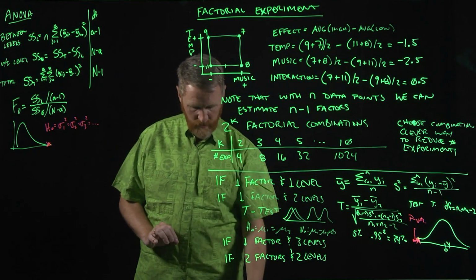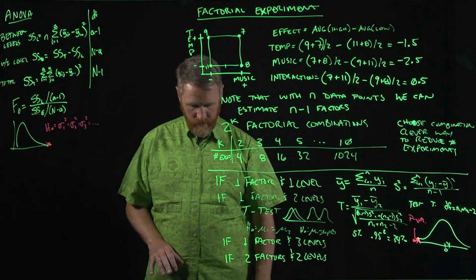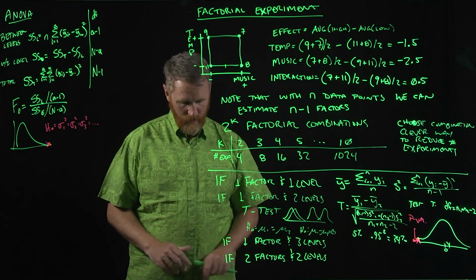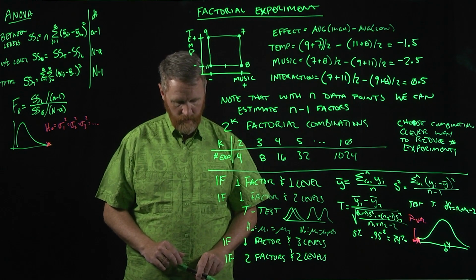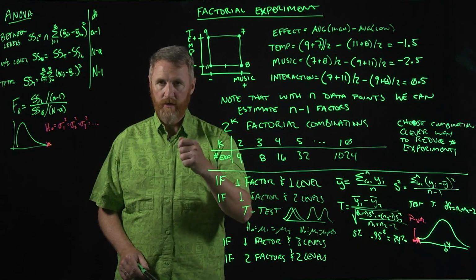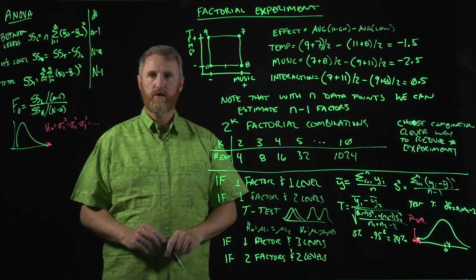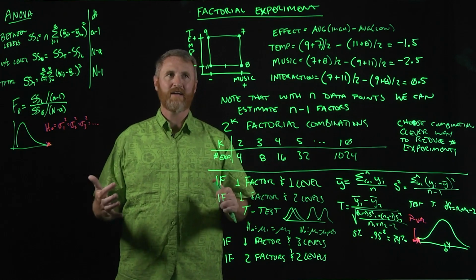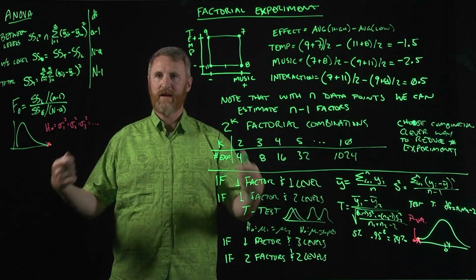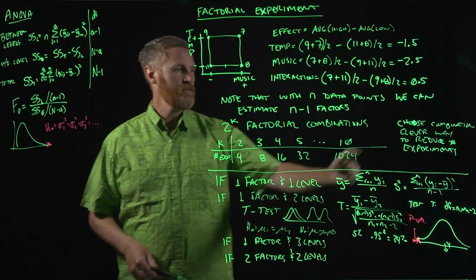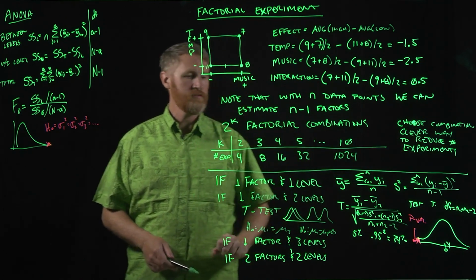And in the factorial design, we're going to attempt to be a little bit more clever in the way that we construct this. The next video is going to tell you how we actually conduct a factorial experiment, how we design it, and how we use this clever way to reduce the experiments.